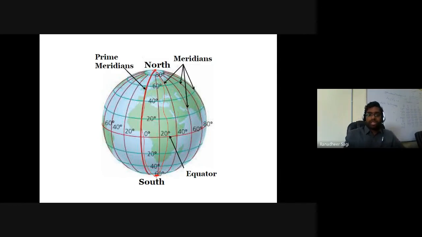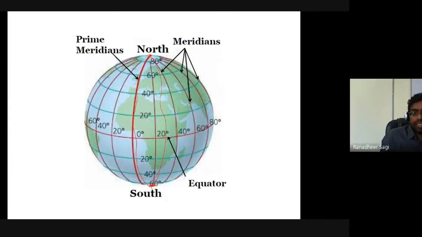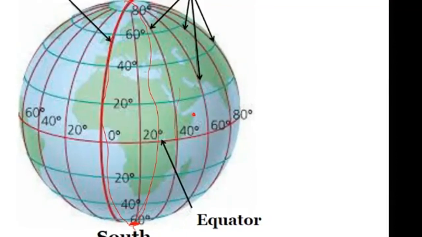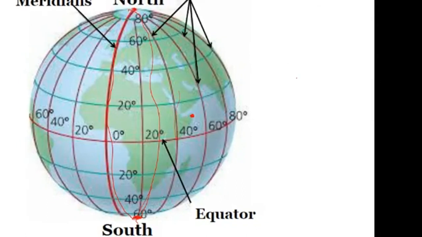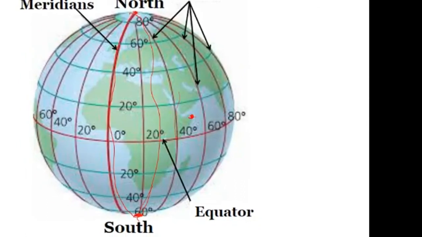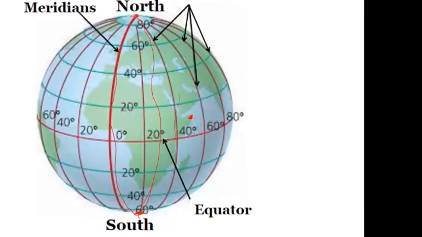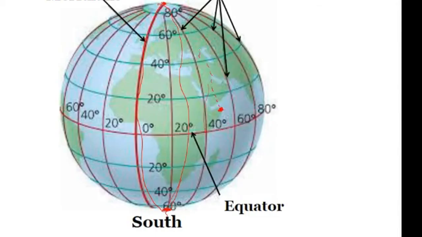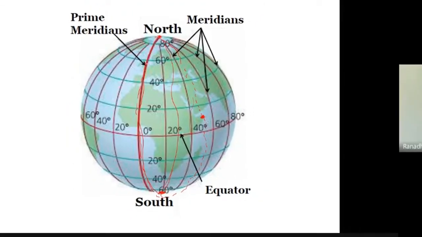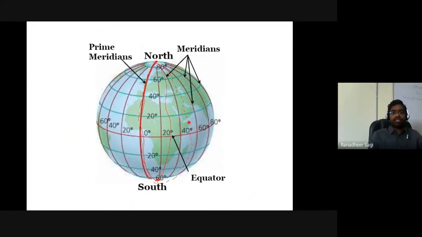Now, if I'm standing at some point on this earth, let's say I'm standing somewhere here, what is my true meridian? With respect to the position where I'm standing, I have marked some point in red on this globe. So what is my true meridian with respect to this point? It is that reference line or plane which is passing through your geographic north, geographic south, and the point where you are standing.